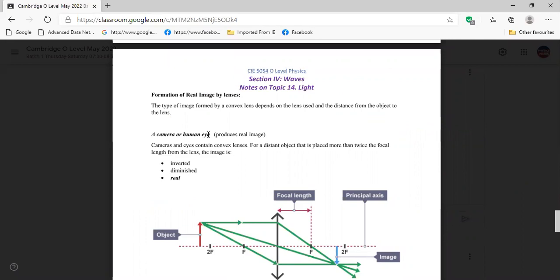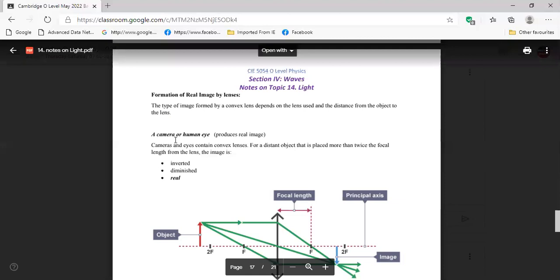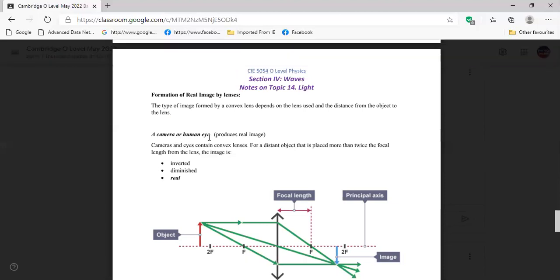How camera or human eye, these two are producing image. So you write the heading: formation of real image by camera or human eye.